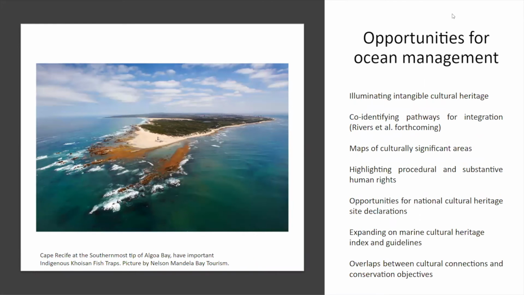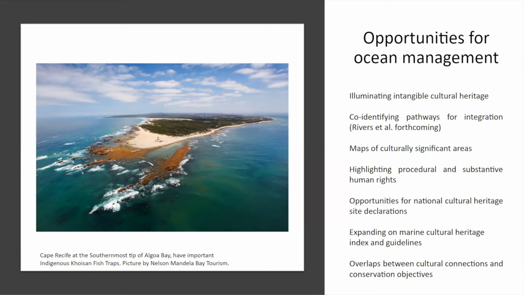There's also opportunities, and we do find that these methods can illuminate intangible cultural heritage, such as the ocean as where the ancestors reside. And we also find that there are opportunities to co-identify ways of better recognizing Indigenous and local knowledge in ocean management.